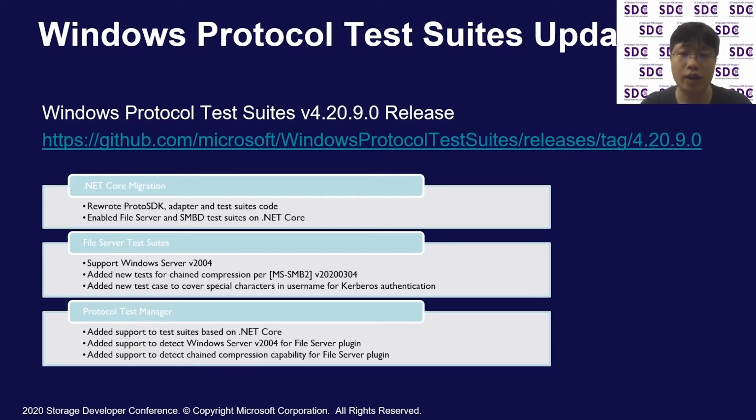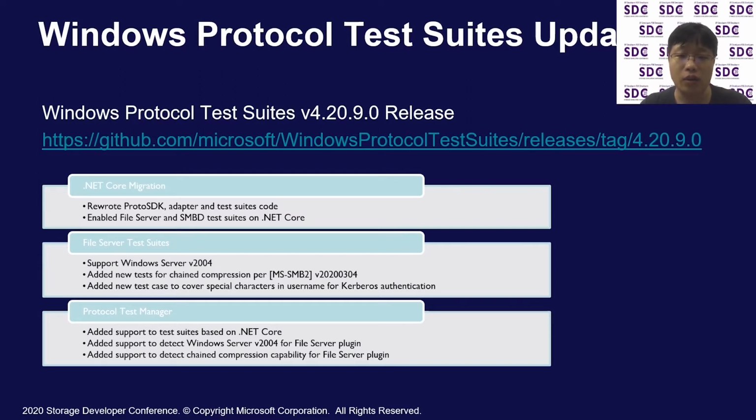The table here listed our major changes. First of all, we spent a lot of effort on migrating test suite to .NET Core so that test suites support to run cross-platform. This includes rewriting a lot of code in SDK and adapter.